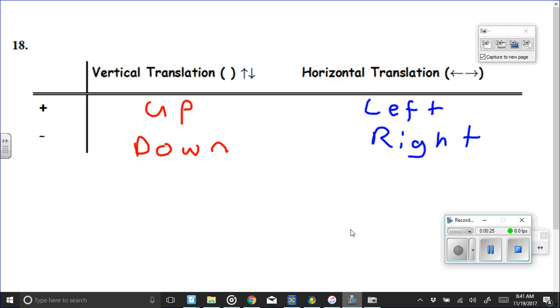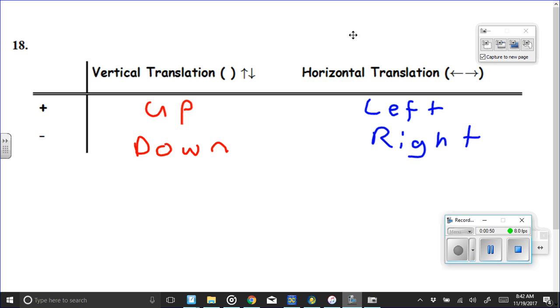and horizontal, what you want to do is focus on the particular operation as far as adding or subtracting, okay? Now, if it's a vertical translation, then your add and subtract would be outside of the parentheses, and the x would not be included.